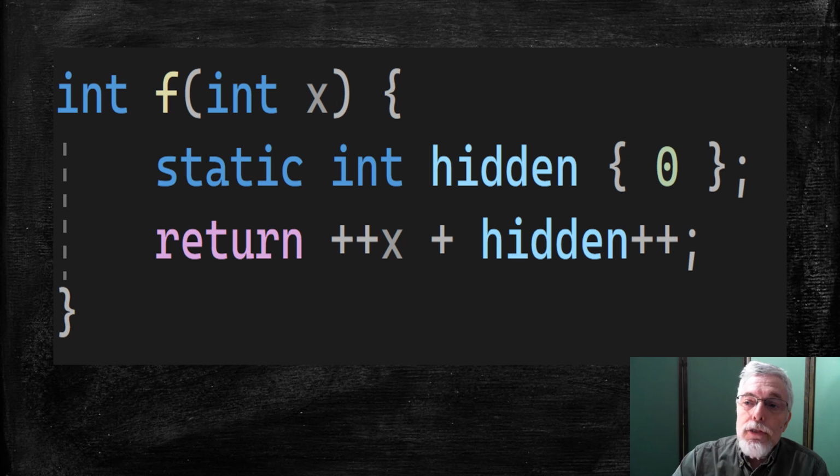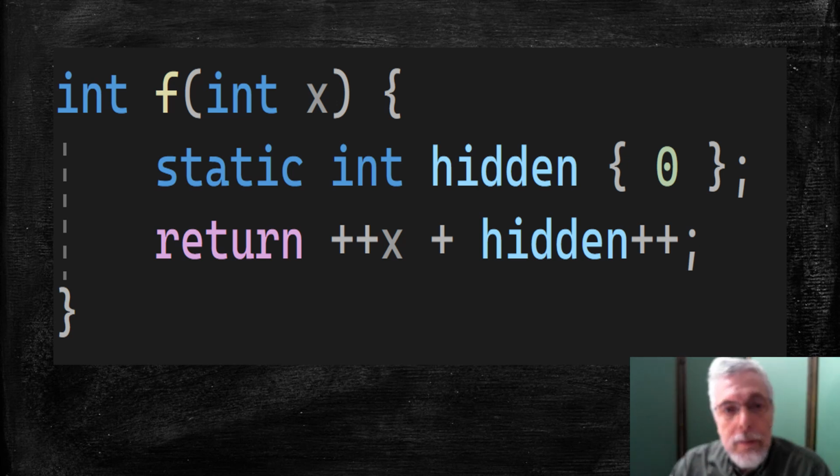And I set it equal to 0, and I tell the compiler, once you see this variable and it's created, keep it for the rest of the program. So unlike a normal variable declared in a function, a static one stays around. That is, normally variables are destroyed when the function returns. Yet this one is not.